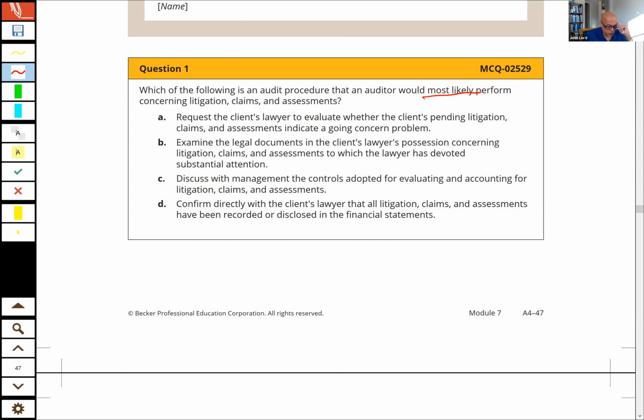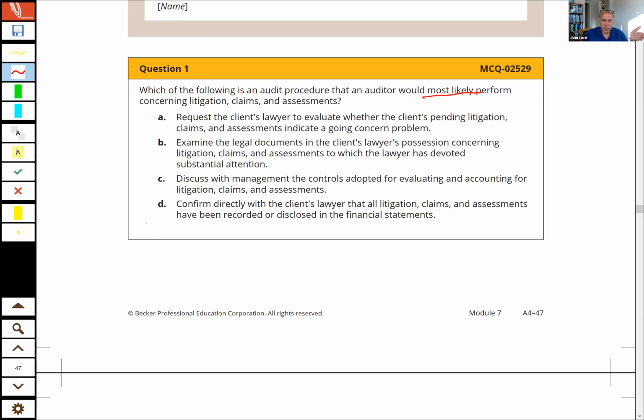D, confirm directly with the client's attorney that all litigations, claims, and assessments have been recorded or disclosed. Okay, so let's see how that would work. I'm going to send the financial statements to the attorney and ask them to look through all the disclosures to see that all litigation, claims, and assessments, even those that maybe have a confidentiality limitation, have been reported.